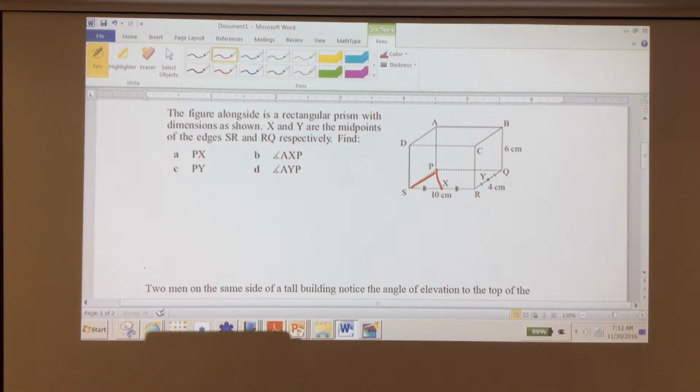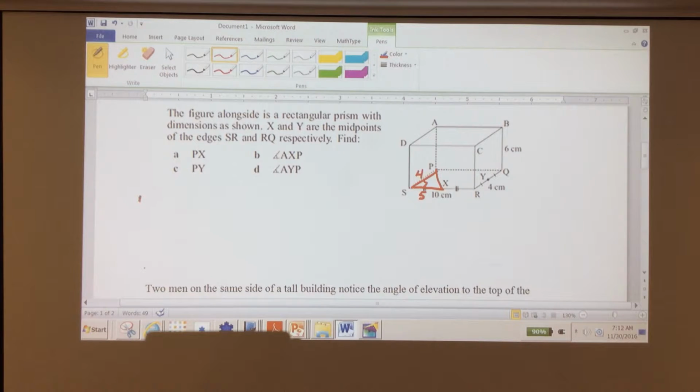So what I'm going to do is think about that. If you notice, there's a little triangle, and that's a right triangle again because that's a rectangular prism, which means it's a rectangle on the base. There's your right angle. And that X point cuts the front edge in half, so this is 5. SP is going to be the same as RQ. The edges going back are 4. So again, we just use the Pythagorean theorem and we can find PX.